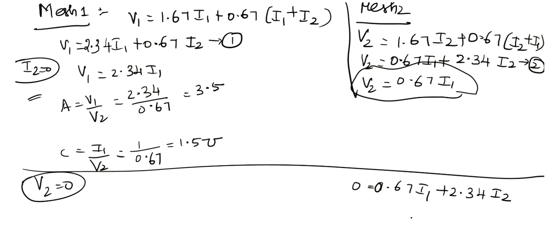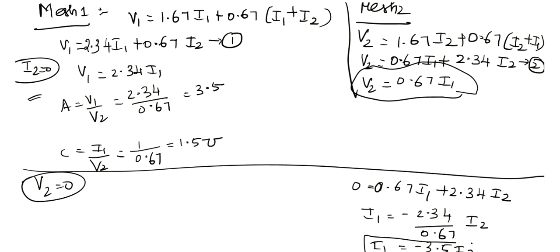So from this you can tell that I1 will be equal to minus 2.34 divided by 0.67 I2. 2.34 by 0.67 value will be equal to minus 3.5 I2. This is the equation. Substitute in equation number 1. So V1 is equal to 2.34 I1 plus 0.67 I2.